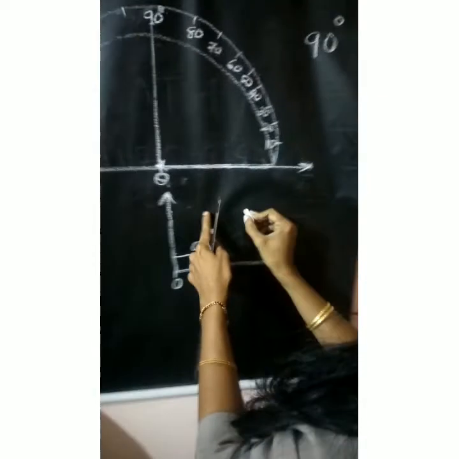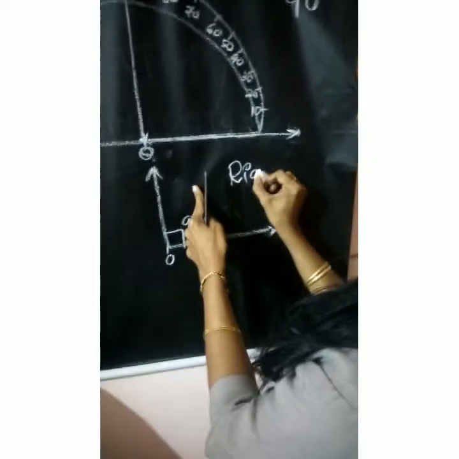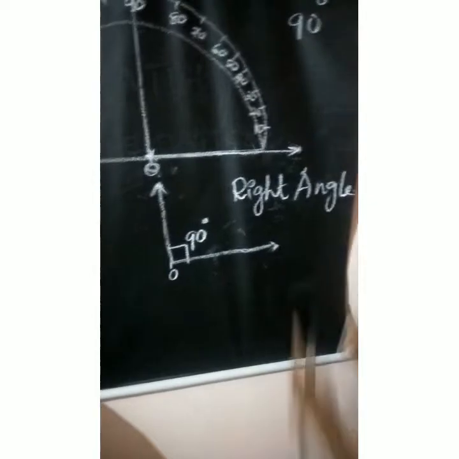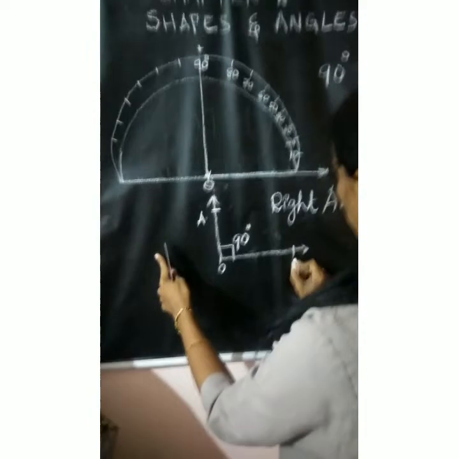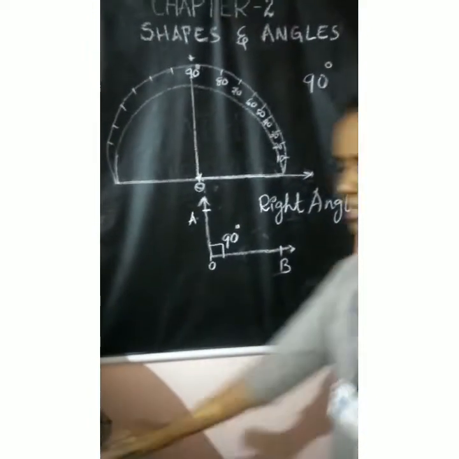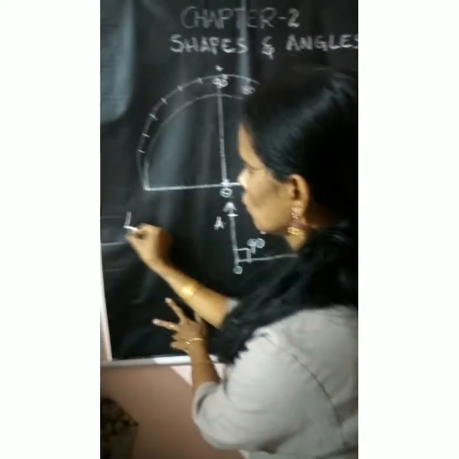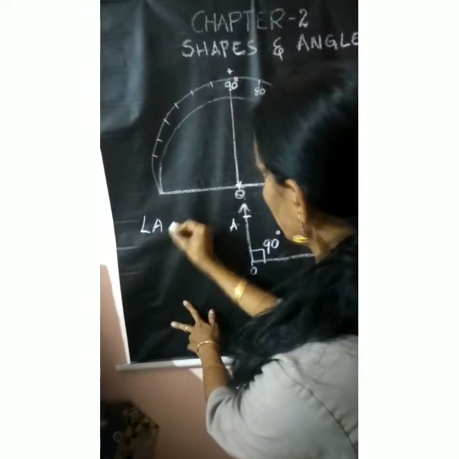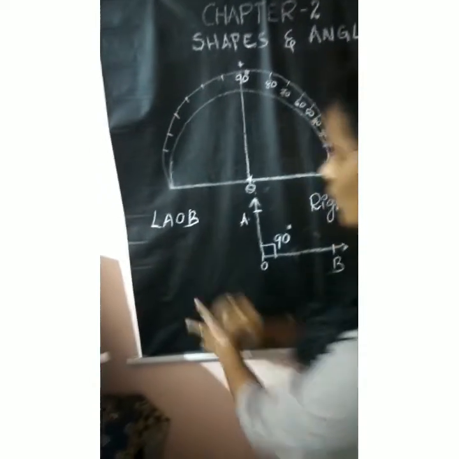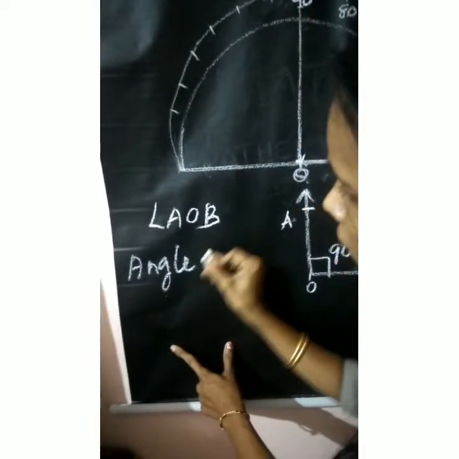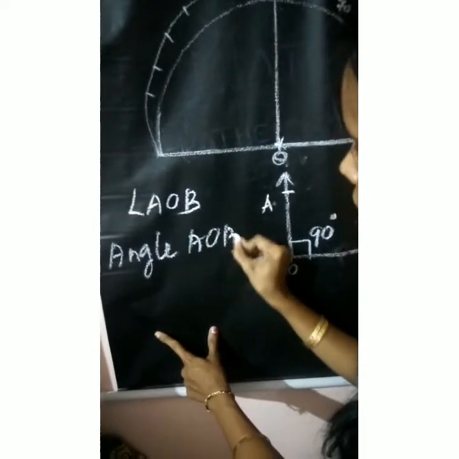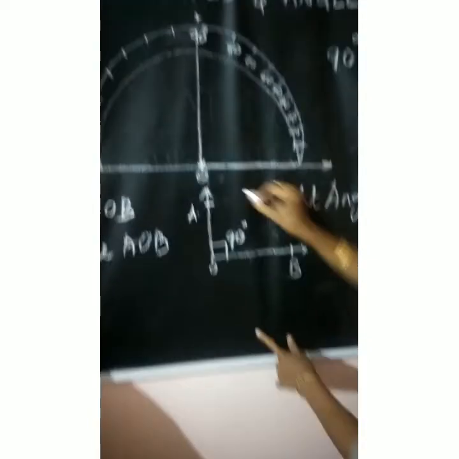If we need to name this angle, it is AOB. We denote it using the symbol for angle: angle AOB is this particular angle.